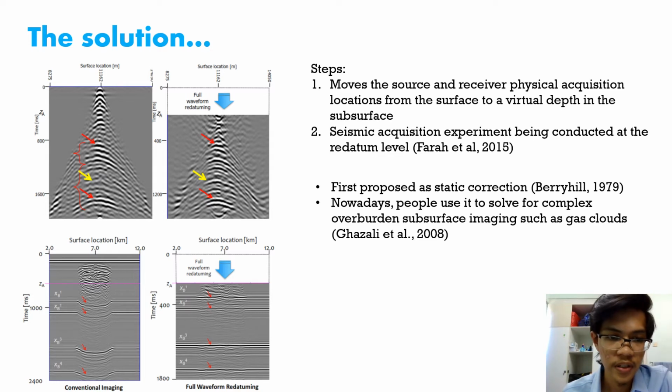At the bottom figure, we can see the effect of the gas cloud. Before redatuming, the two-way travel time shows a very low velocity, but after redatuming, the velocity of the reflection below the gas cloud has been corrected, and it shows a much higher velocity than before.